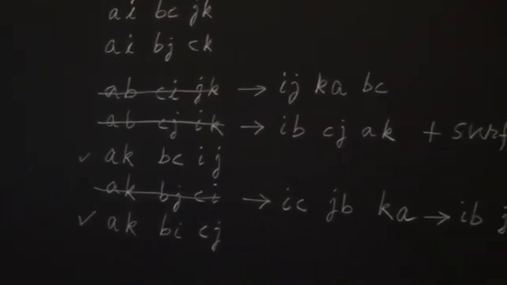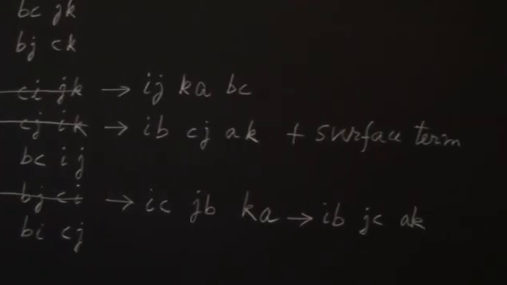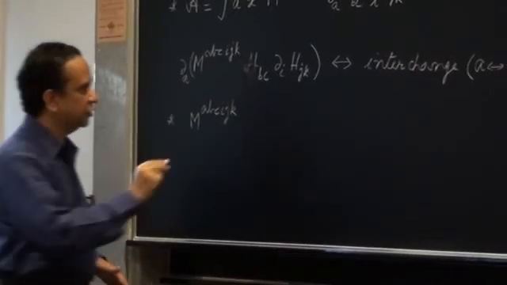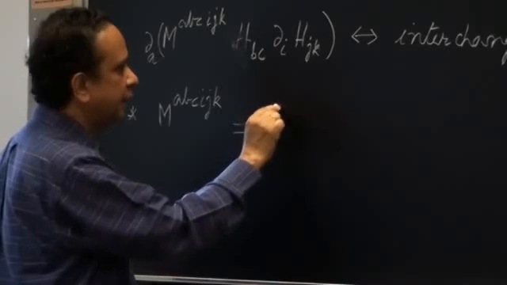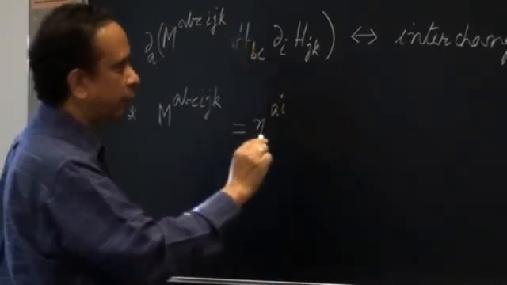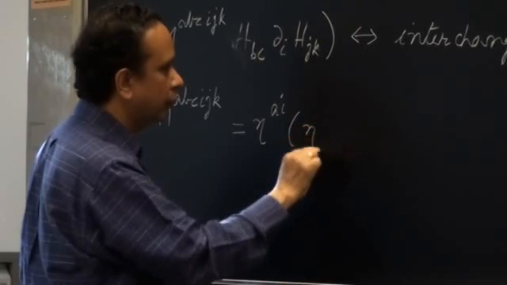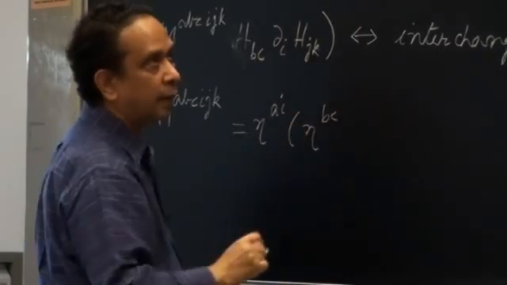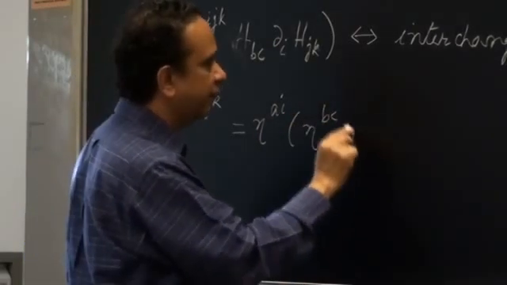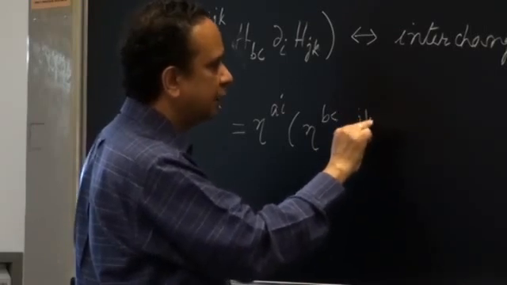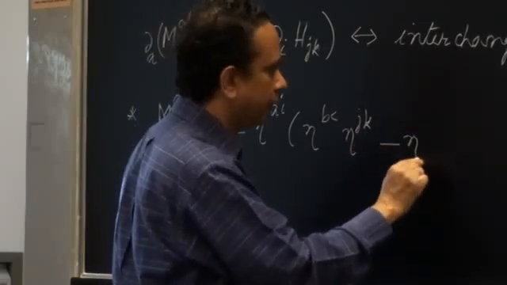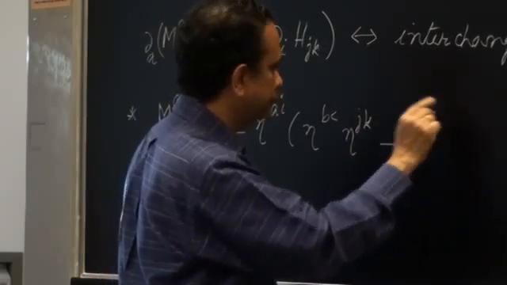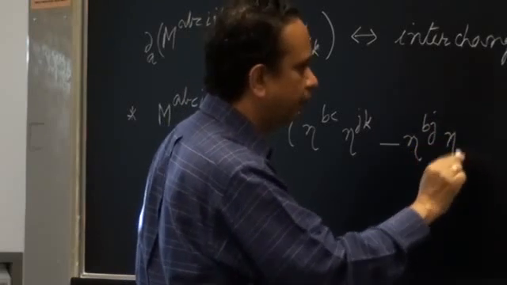You find that M, ABC, IJK has the following structure: eta AI coming from the first terms, but with eta BC, eta JK, this is the very first term, and the other term comes with a minus sign, which is eta BJ, eta CK.